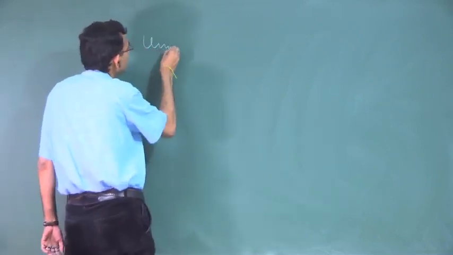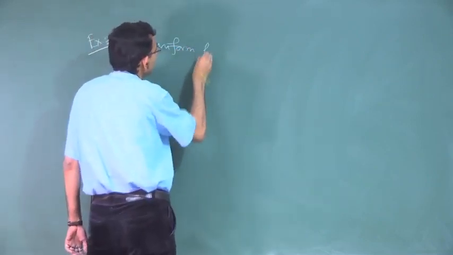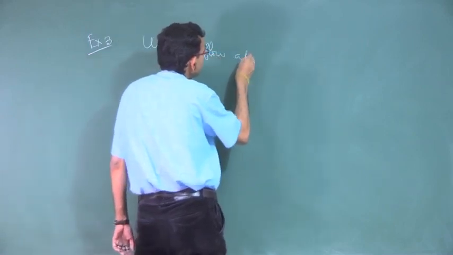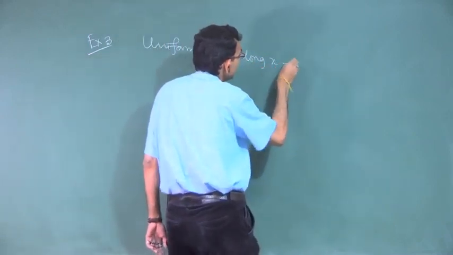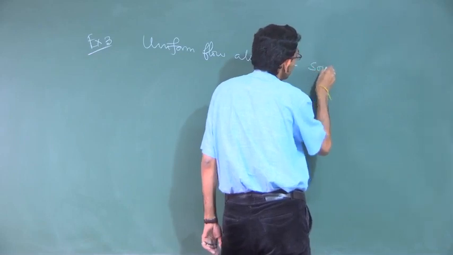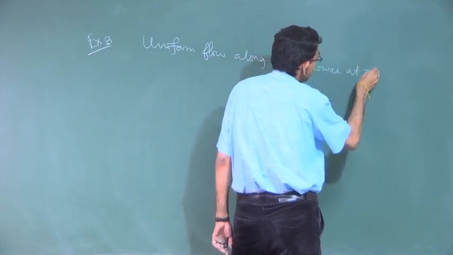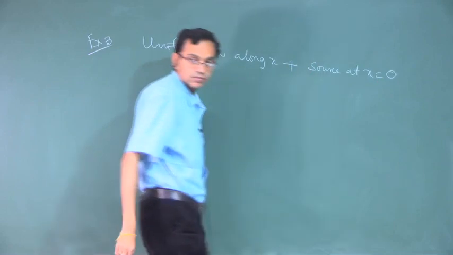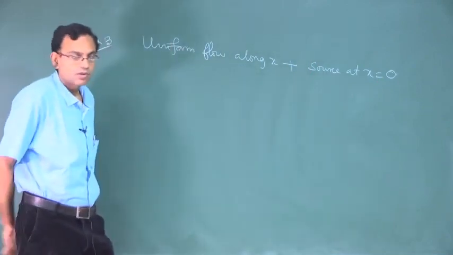Uniform flow along x axis plus source at x equal to 0.